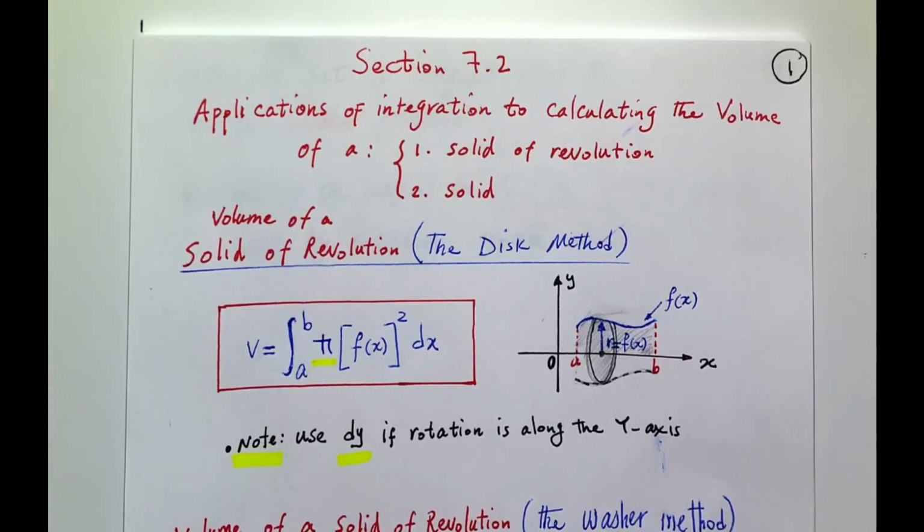It could be either the x-axis, in which case we will say dx, or we integrate the expression along the x-axis, or it could be dy, in which case it means we are integrating along the y-axis.